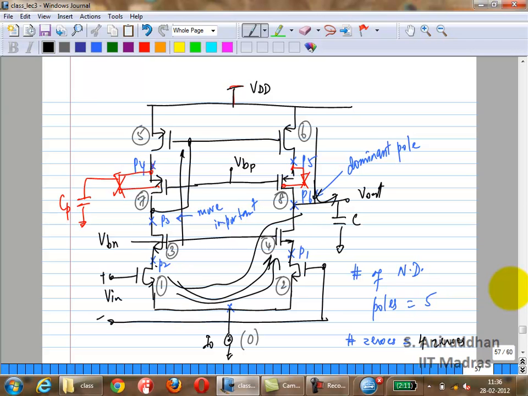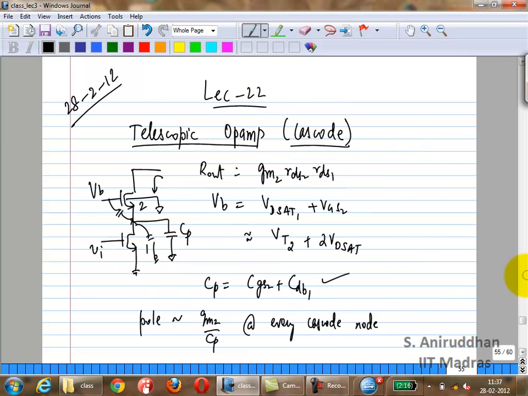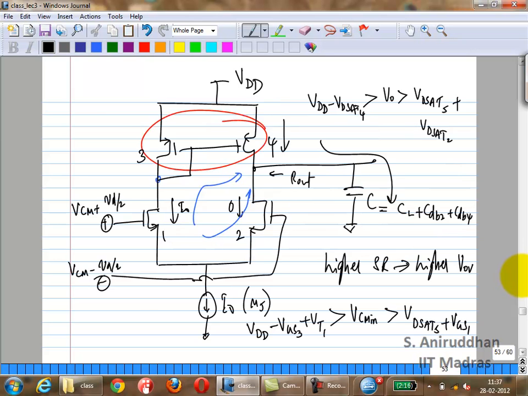Any ideas? Double of what you had for the single stage. Why? Well, actually, what did we have? Let's go back and take a look at what we had for the single stage.